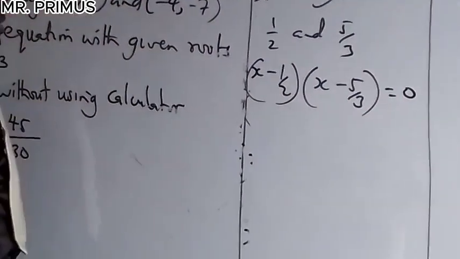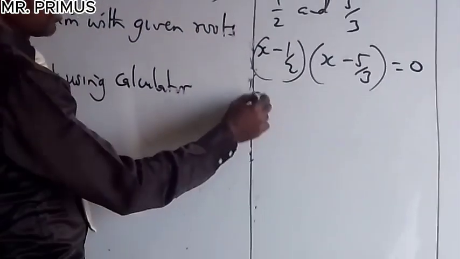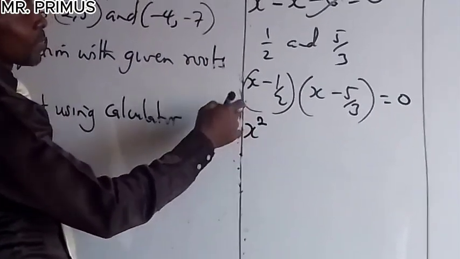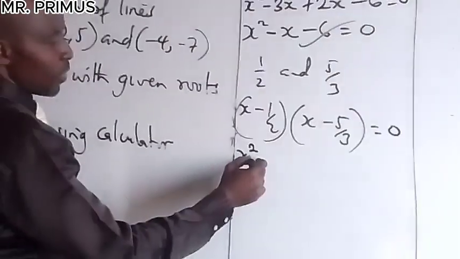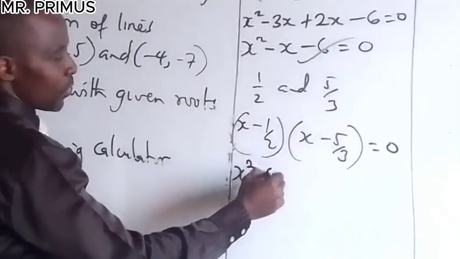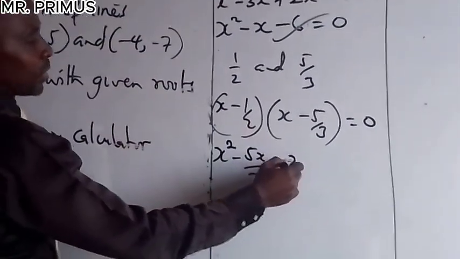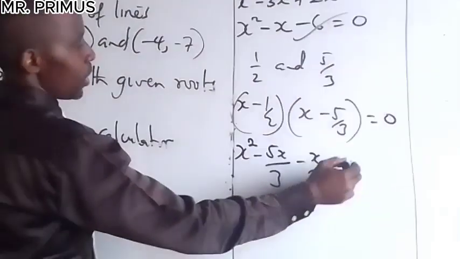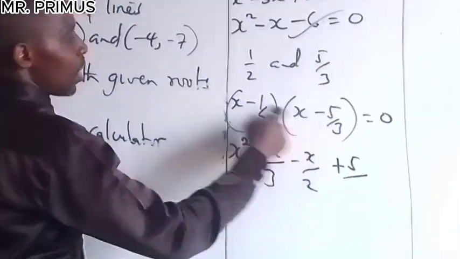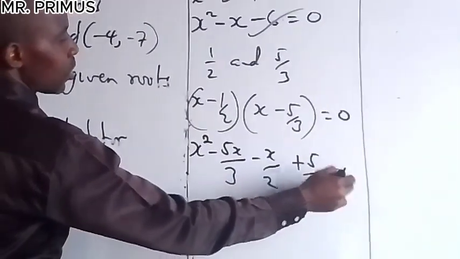X times x is x squared. X times minus 5 over 3 is minus 5x over 3. Minus half times x is minus x over 2. Minus 1 over 2 times minus 5 over 3 is plus 5 over 6, equal to 0.